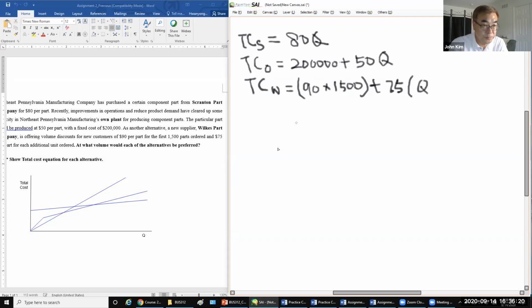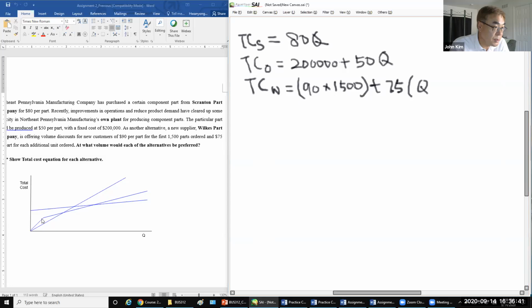The same: up to 1,500 parts, $90 per part, and then after that, additional is $75.